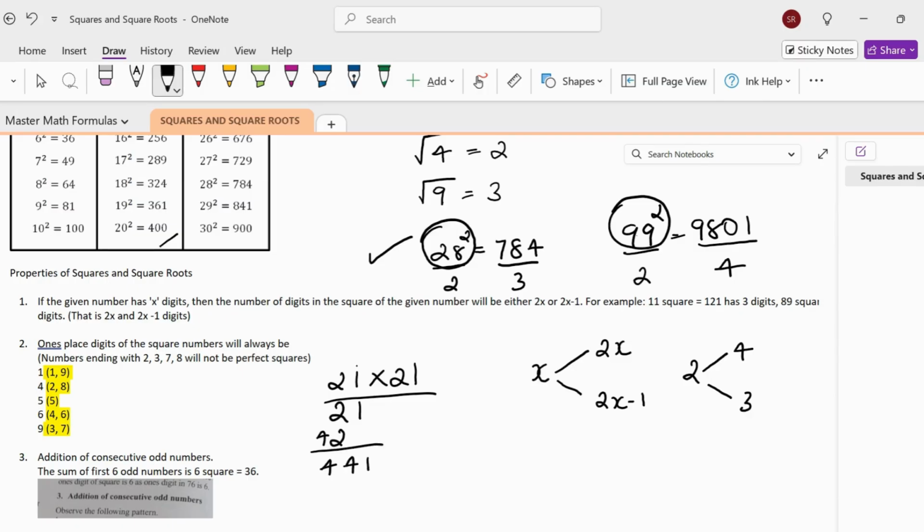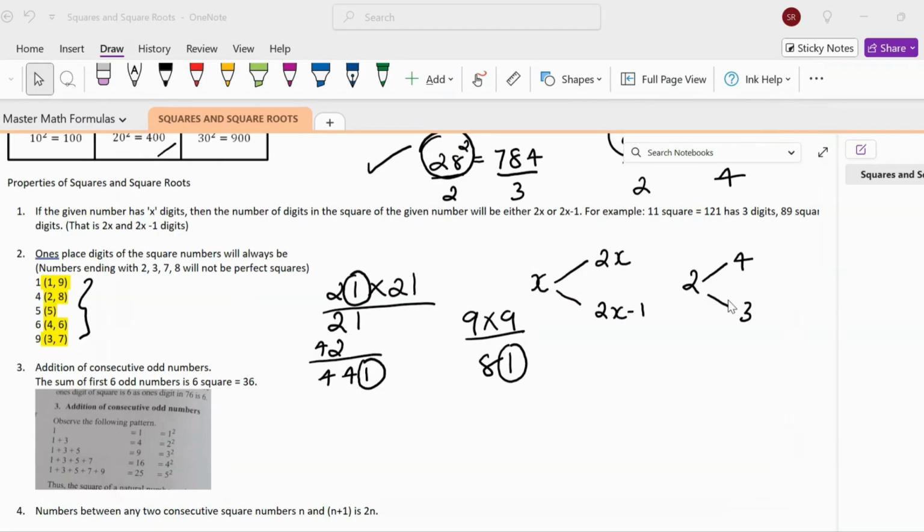If the number has 1 in the ones place, definitely the square of the number will have 1 in the ones place. Similarly, if it was 9, because 9 nines is 81, it will also have 1 in the ones place. Now, how do you remember this property 2?